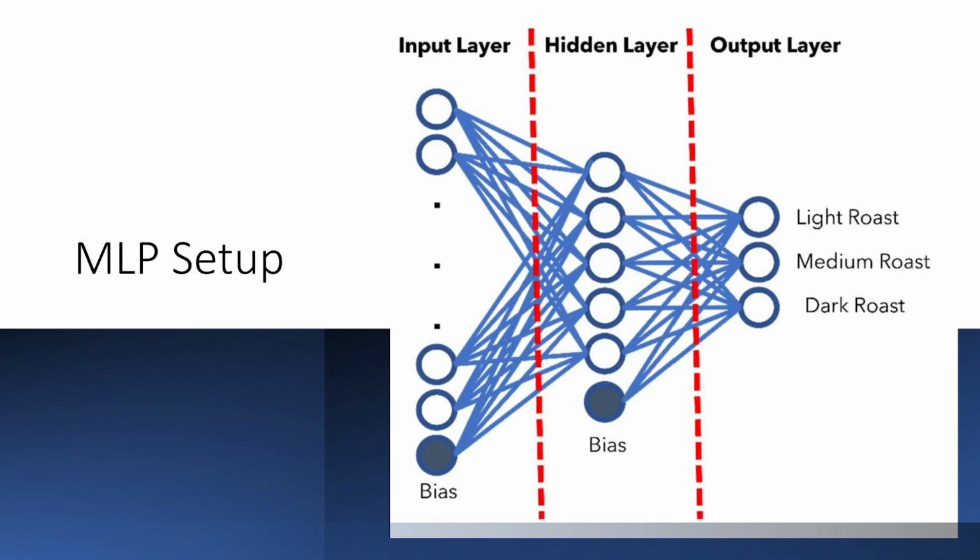For the hidden layer, we set the number of hidden units to 5, and it was found to be more than sufficient for our experiment. So we didn't modify the number of hidden units afterwards. And finally, in the output layer, we have the different types of classification, namely light roast, medium roast, and dark roast.